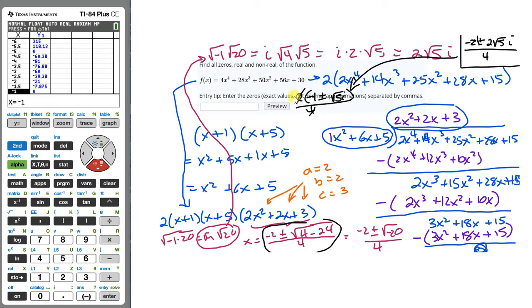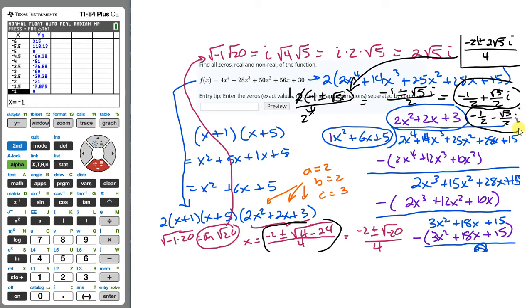The 2 and the 4 reduce to 1 and 2. So I end up with -1 plus or minus root 5i over 2, which means what? -1/2 plus root 5 over 2 i, and -1/2 minus root 5 over 2 i.